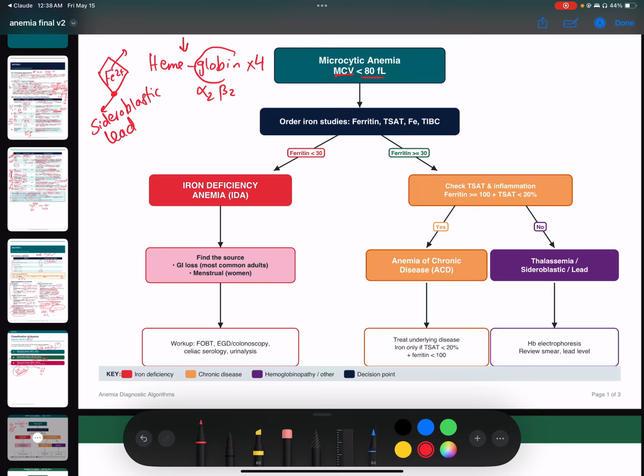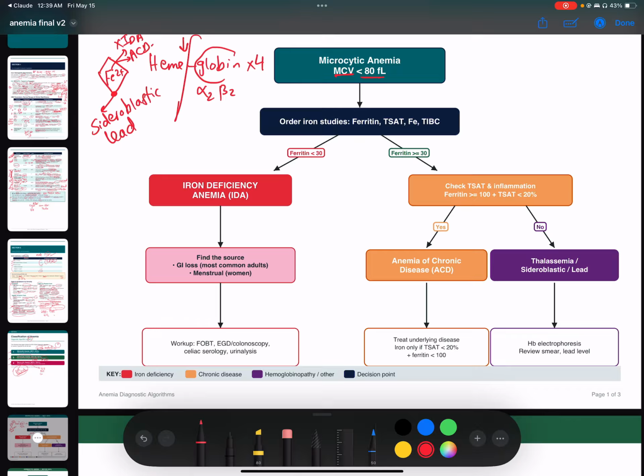Sometimes it's an iron problem. It can be that the iron is deficient, which is IDA, or the iron is not deficient but not available because you have high hepcidin in the inflammation process. That's what we call functional IDA or anemia of chronic disease, right?